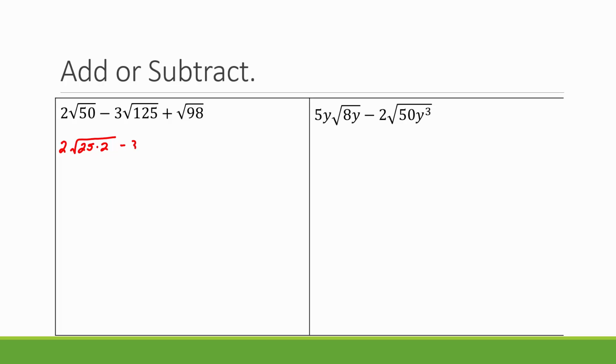25 will also go into 125. So I can rewrite that as 25 times 5. And then 98, the largest perfect square that will go into 98 is 49. So I could rewrite that as 49 times 2.